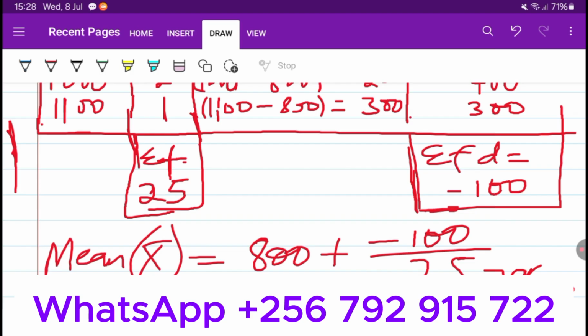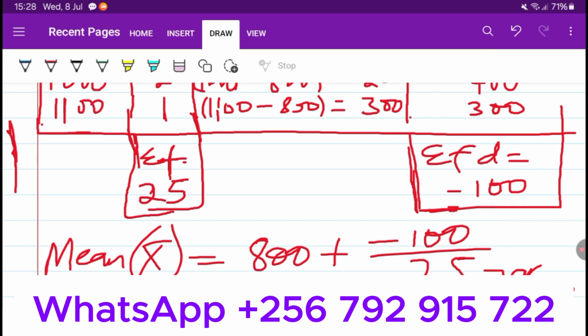Now, what if the values were in billions and we assume the mean to be around 1 million, and the difference we get from subtracting the assumed mean from the individual values is still very high.